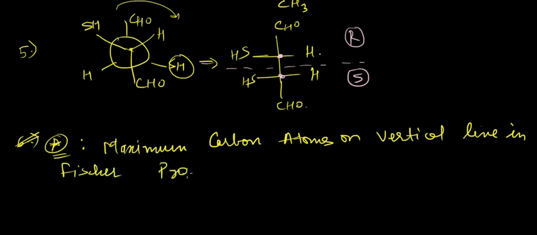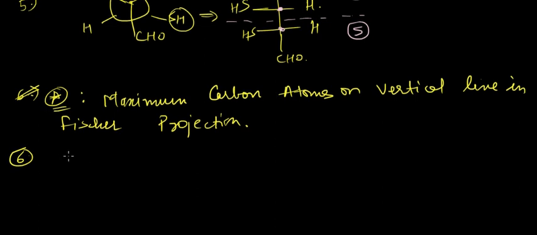Okay, now let's look at the sixth example, wherein you have to make the Fischer projection for this in order to calculate its RS. This is coming towards you. This is CH3. Again, you have something like this.